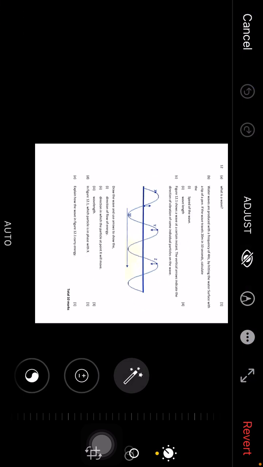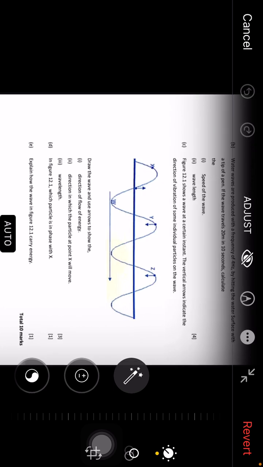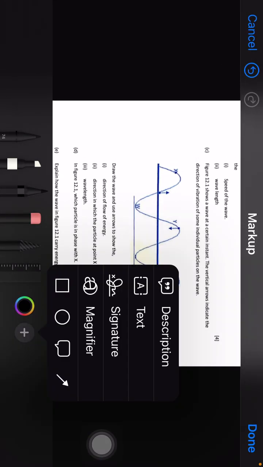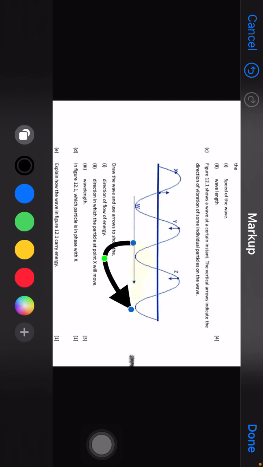You can choose either Y or Z. You can see that particle X and particle Y are at the same height, so you just pick one of Z or Y. They are going in the same direction. This one's going down, and that one's going down as well.